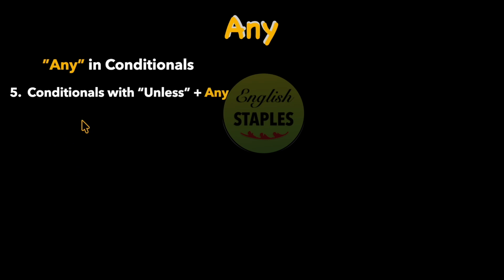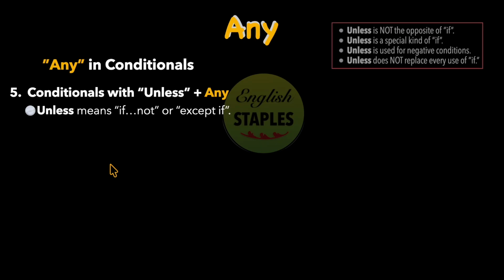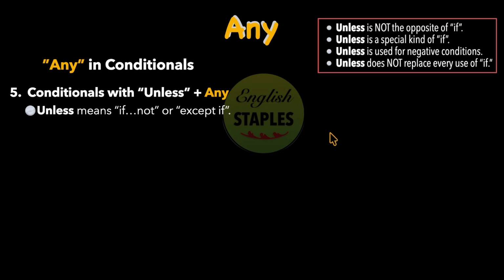Here's a fifth point, for conditionals with unless plus any. Unless means if not or except if. That's what unless means. Some notes to bear in mind about unless. Unless is not the opposite of if, just to make that clear. Unless is a special kind of if.